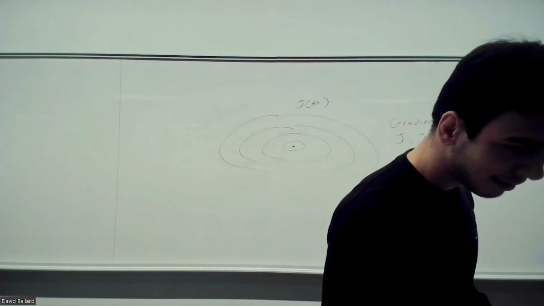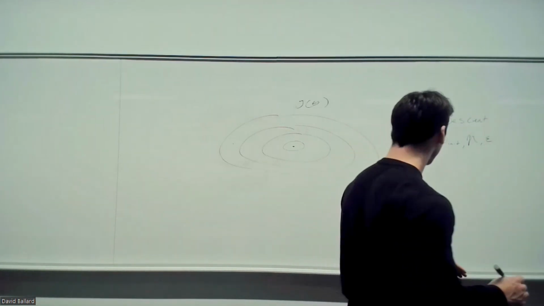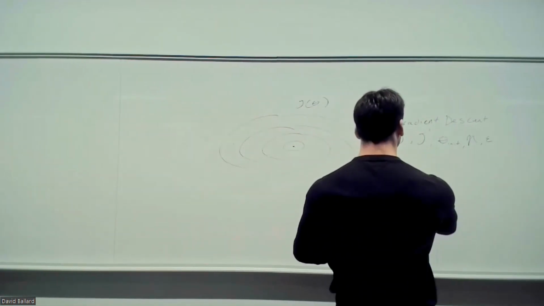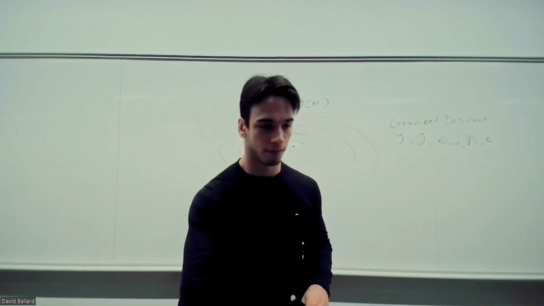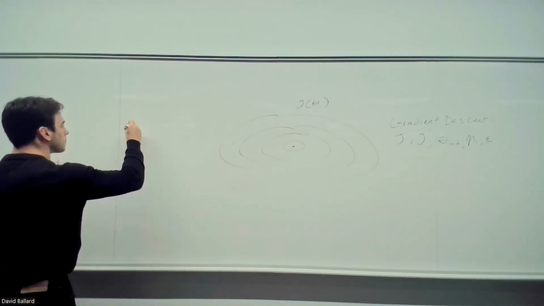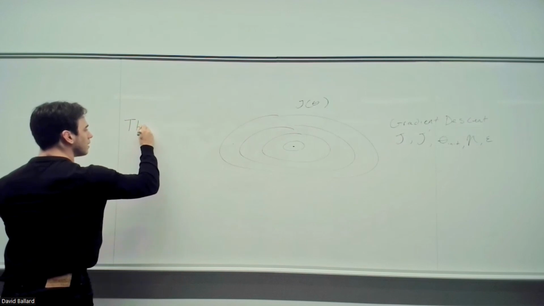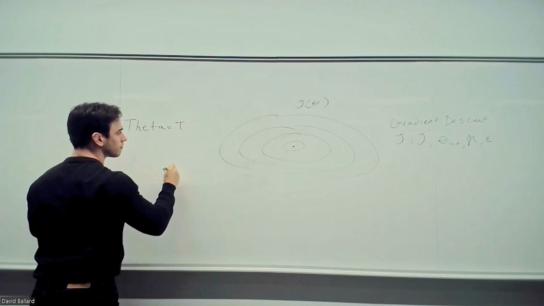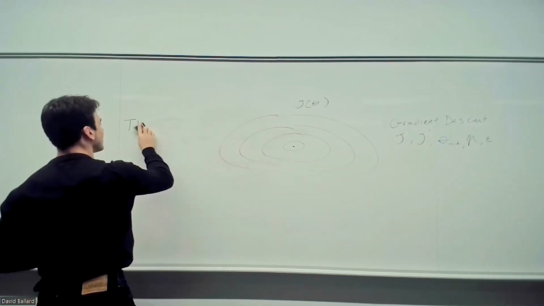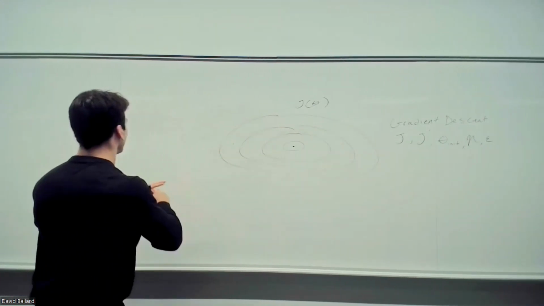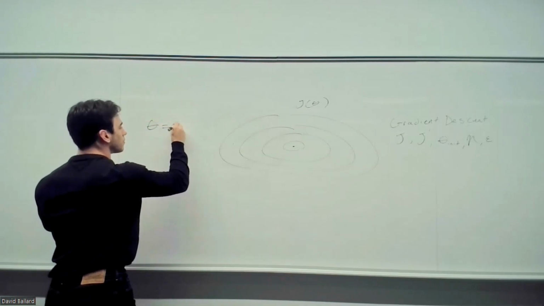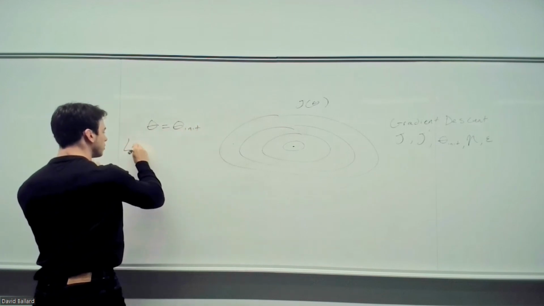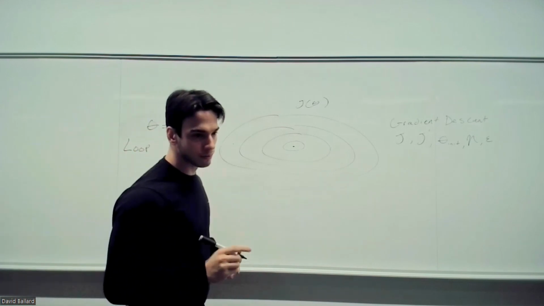So how does this work? We're going to say this is our gradient descent algorithm. Theta will equal theta initial. And then we're going to loop through.